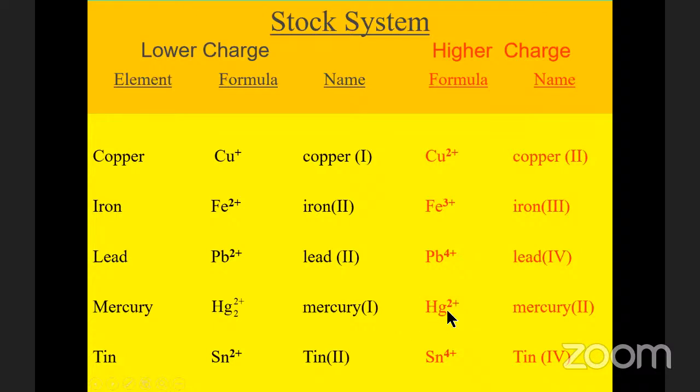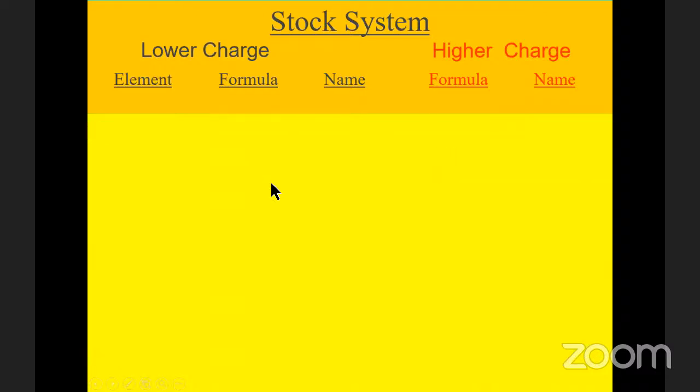While this one is only 1 atom that makes up this ion. So therefore, this is called mercury(II), all right? And then finally, we have tin, which can exist as the +2 ion or the +4 ion, and these are their names correspondingly, all right? So that's basically how we indicate the names of the ions based on the charges that they carry.